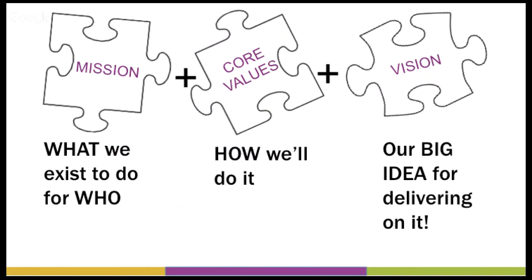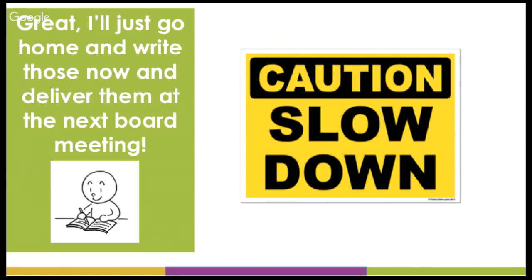Okay, so when we're talking about the vision cornerstone, it really has 3 parts that we've just reviewed. It has your mission, what we exist to do for who, your core values, how we'll do it, and the vision, our big idea for delivering on that mission. Great, I'll just go home now and write these and deliver them at the next board meeting.